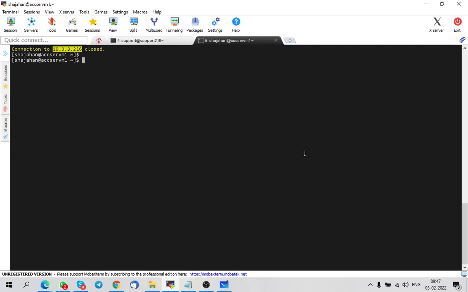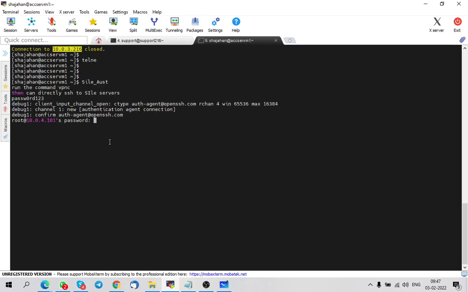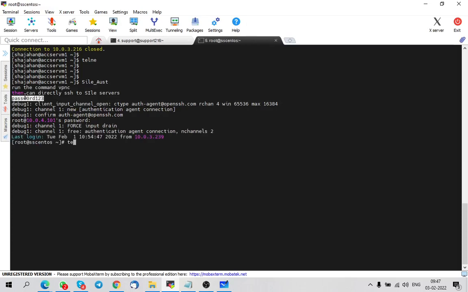Then we can use the telnet command. We give the IP address, then the port.